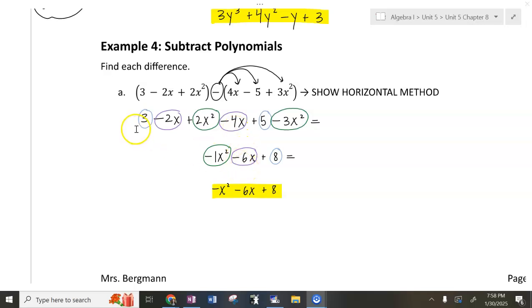And finally, the constants together, 3 and 5, makes 8. When you have a negative 1x squared, we know that we can drop that 1 because anything times 1 is just going to be itself. So you can just write that as negative x squared minus 6x plus 8. So your final answer was also a quadratic, power of 2, and it's also a trinomial where it has 3 terms.